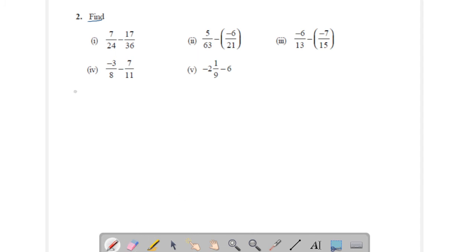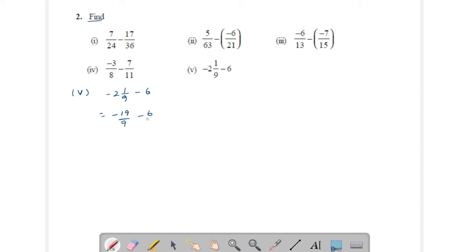Now come to fifth part. It is minus 2, 1 upon 9, minus 6. Here, convert this mixed fraction into improper fraction. You will get 2 9s are 18 plus 1, 19, minus 19 upon 9 minus 6.